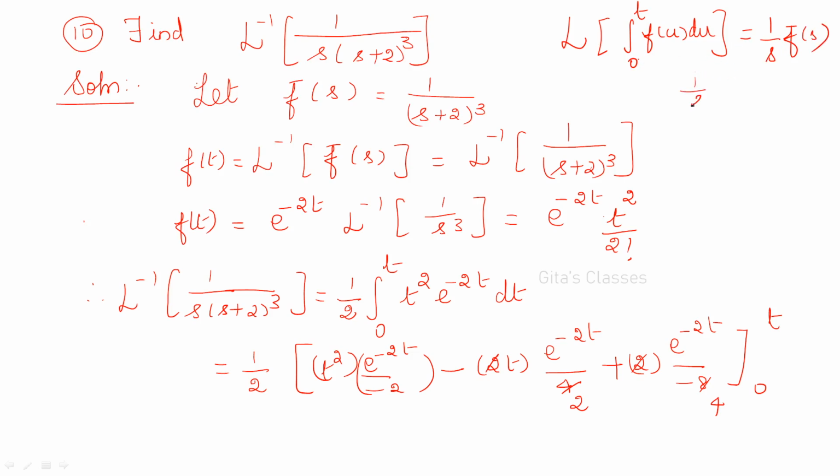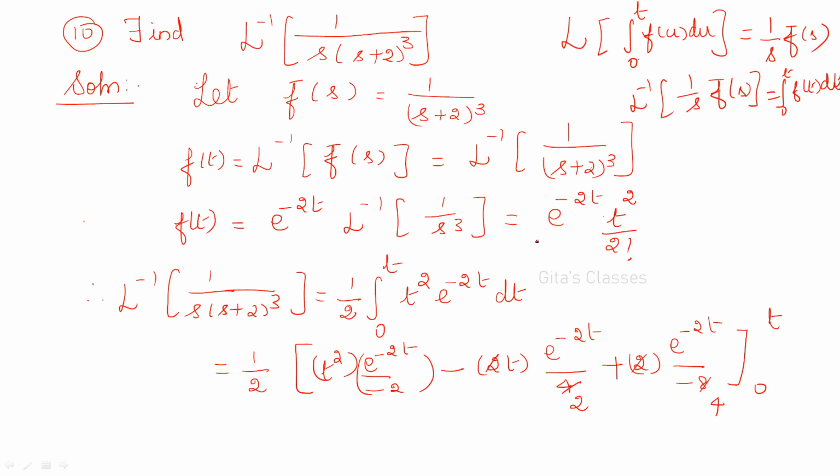So L inverse of 1 by s into f bar of s is equal to integral 0 to t f of t dt, or f of u du also you can say.